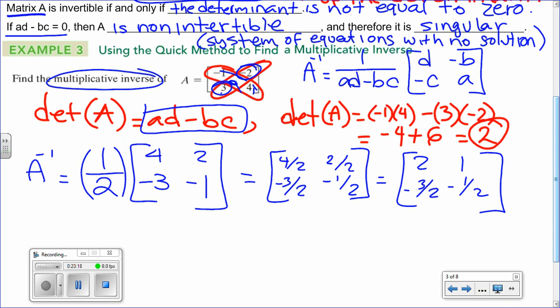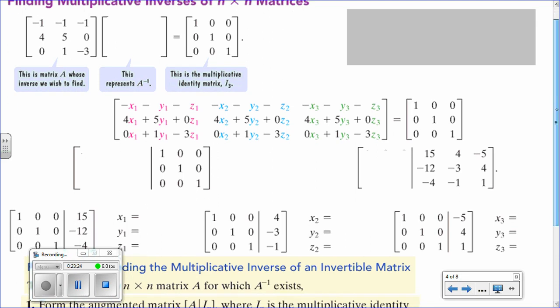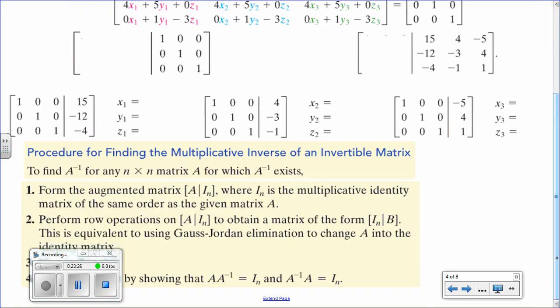Now, when you have a 2 by 2, of course, it's simple. But if we had a 3 by 3, we could also find it, but there's no shortcut for it. What we have to do is we start with something that looks like that, and then we do a series of row operations like what we did in 8.1 to convert it into something that looks like that.